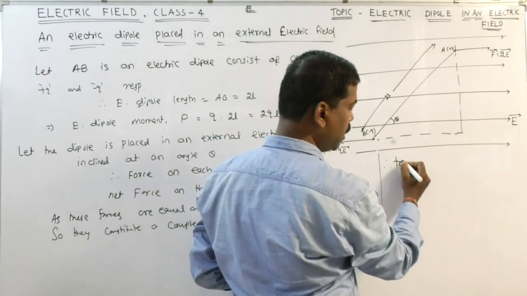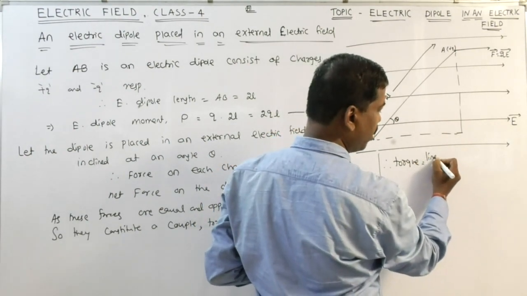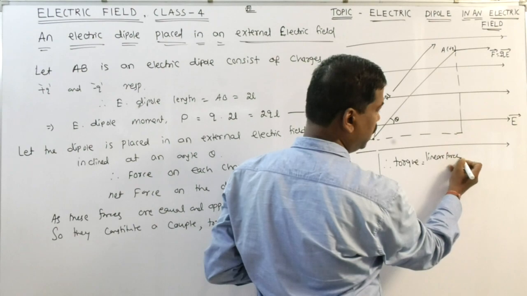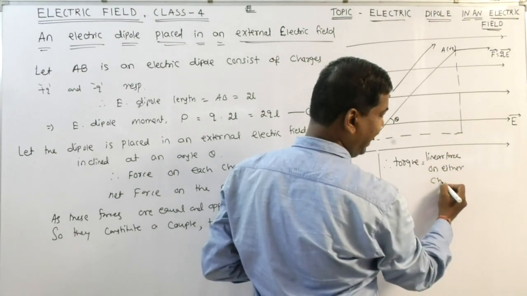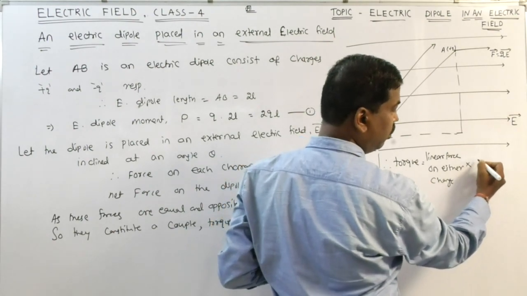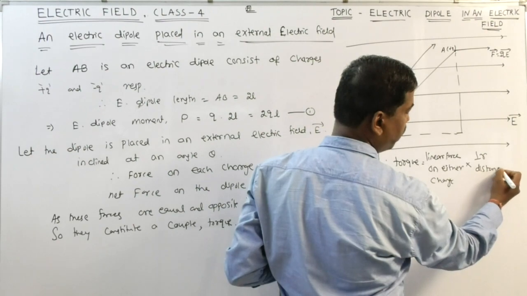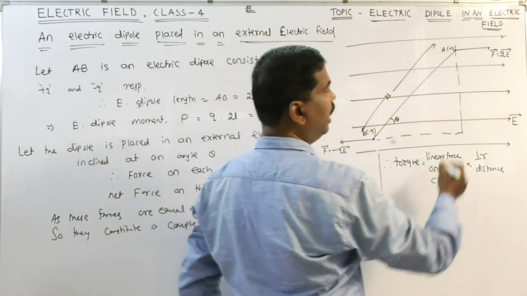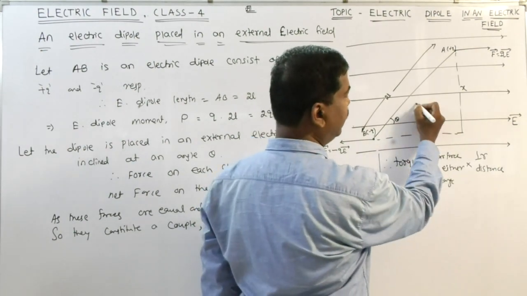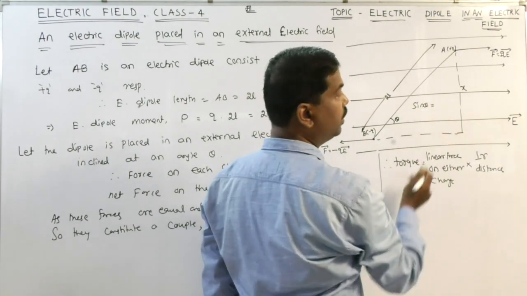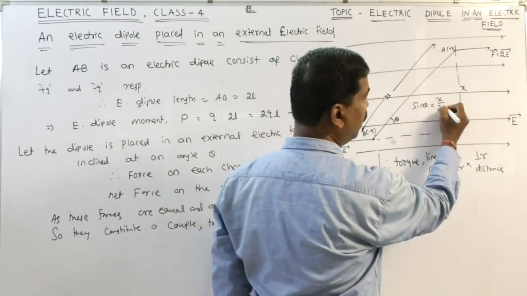Therefore, torque is equal to linear force on either charge into perpendicular distance. Listen to me, let this length be x. If you find the sine theta, then sine theta is how much? Height by hypotenuse, that is x by 2l.